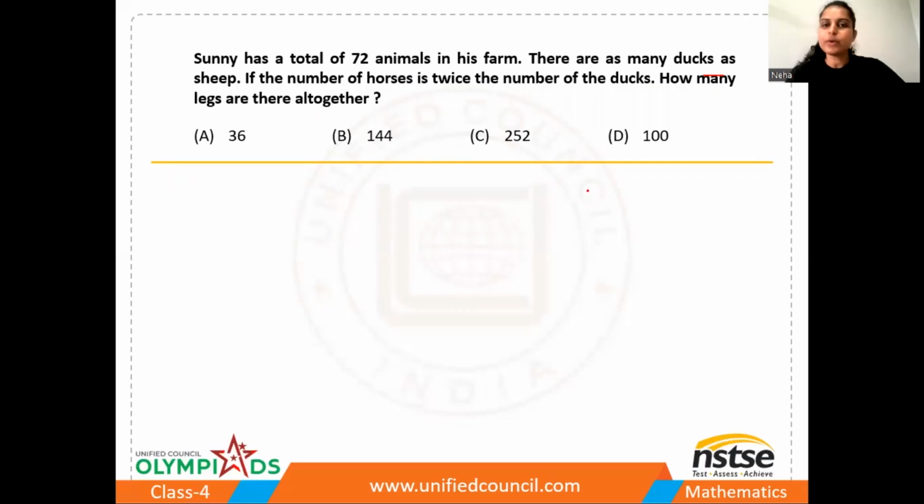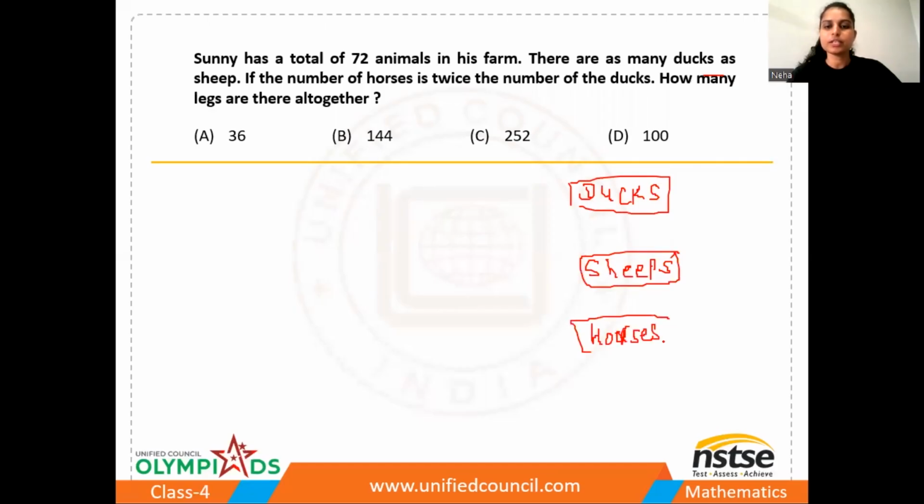In 72 animals, there are some ducks, there are sheep, and there are some horses. In total, there are 72 animals, correct?